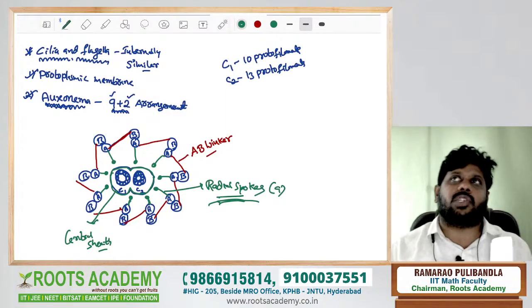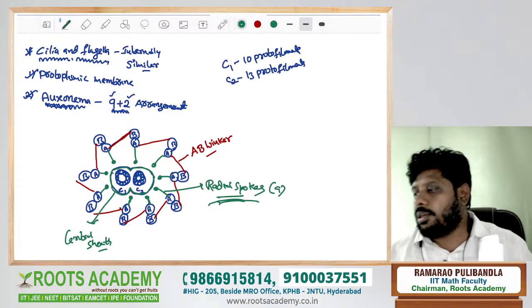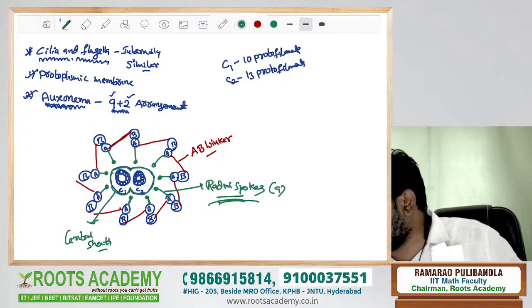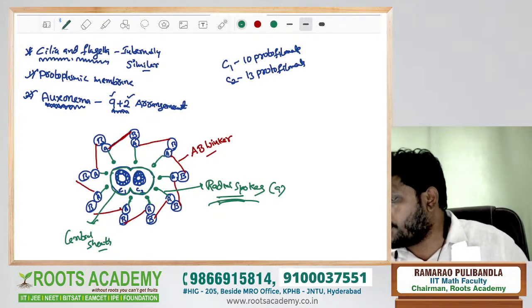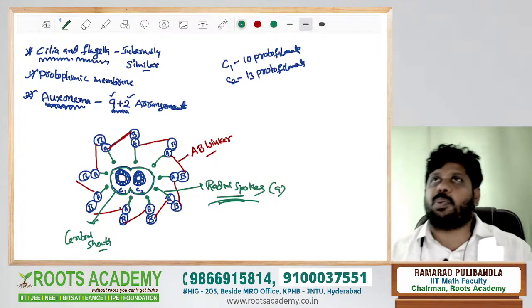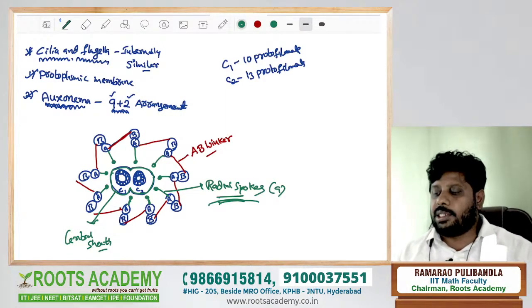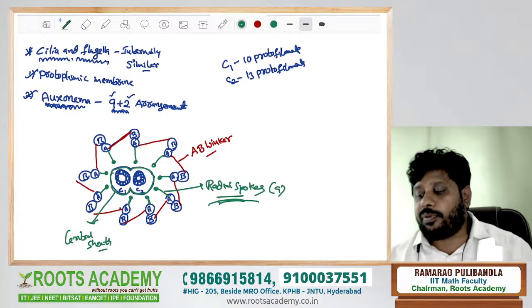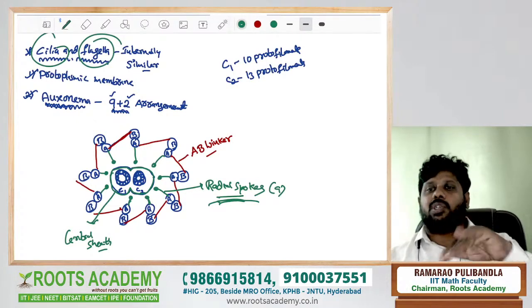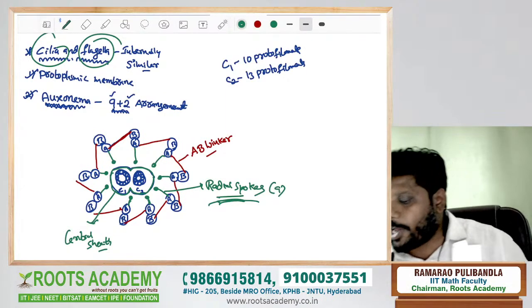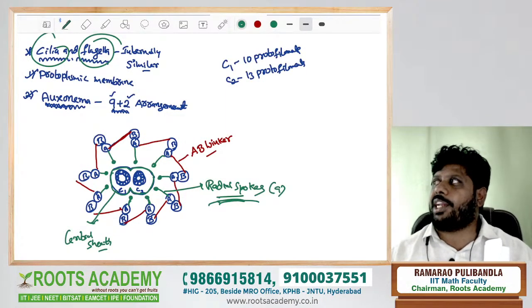9 radial spokes are present. Those 9 radial spokes are not attached with a central sheath. But when cilia and flagella show movement, at that time radial spokes are attached with a central sheath.